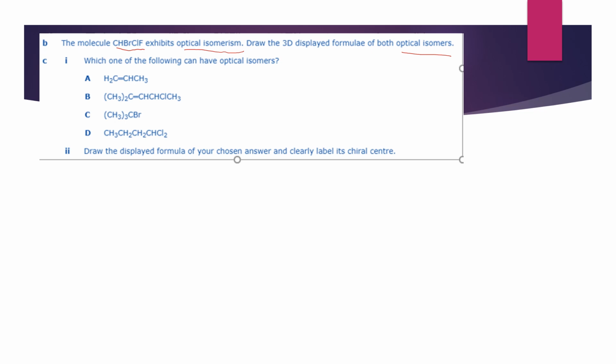The number of carbon is only 1, so 1 carbon attached to 4 different atoms. The first is attached to hydrogen at the top, and then you need to draw Br, the second, Br here.